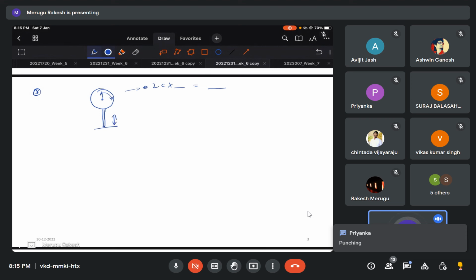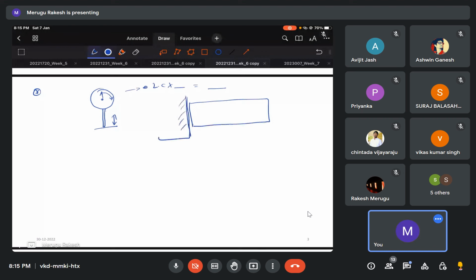Okay, this is useful. Suppose I want to measure machining of a workpiece. Assume this as a chuck, and this is the workpiece. Before machining I have to ensure that this surface is flat.